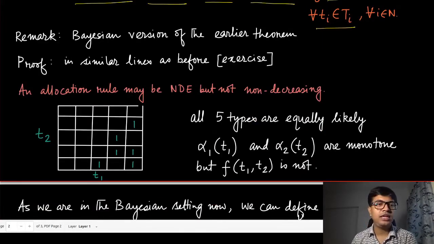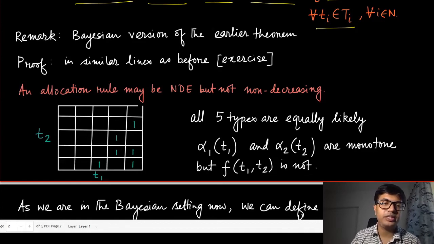Now, since we said that there are more NDE rules than ND rules, let us look at one example where it is NDE but not ND. Let's assume that there are two players, and each of them has five possible types. Their type set has five possibilities, and they can be represented in the form of a matrix.